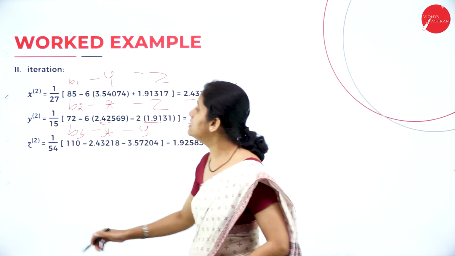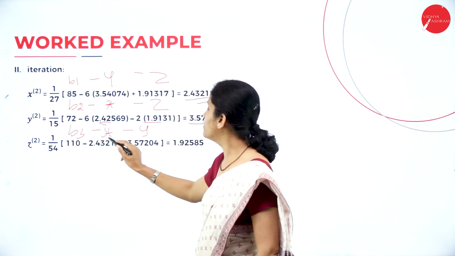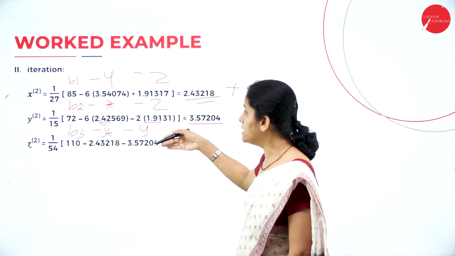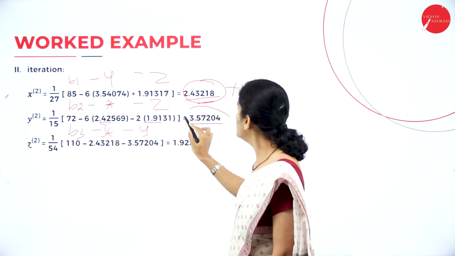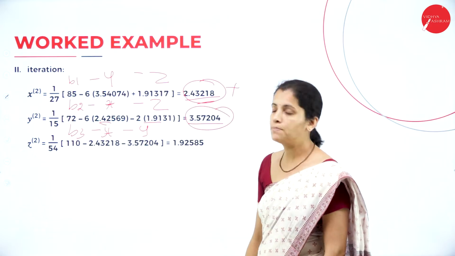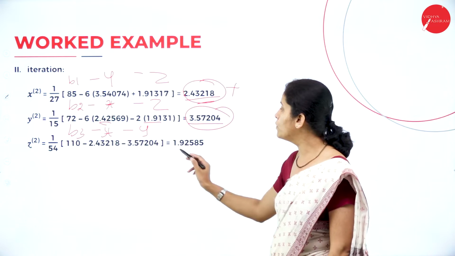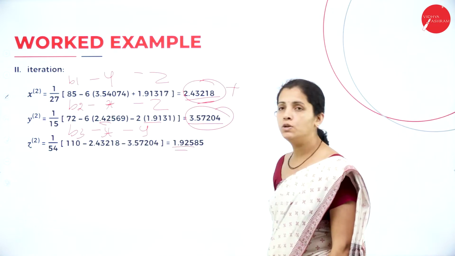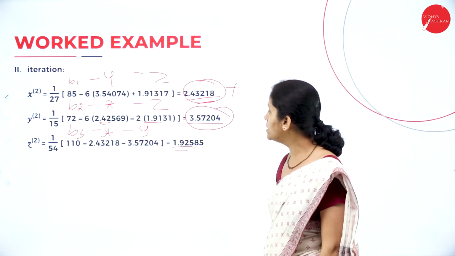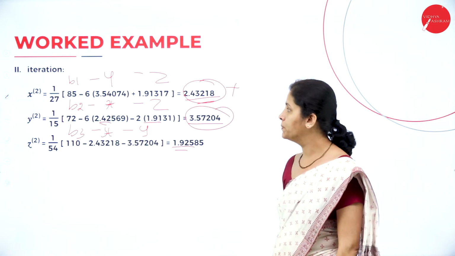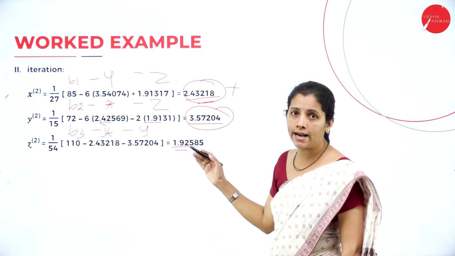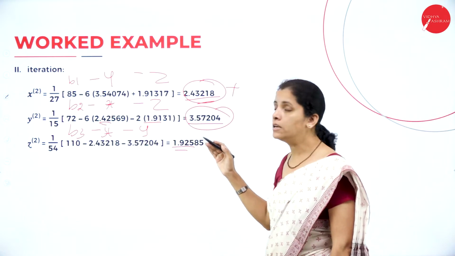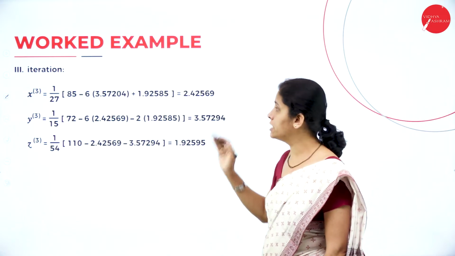And if I consider z, I'm going to consider the present iteration's x value and y value. And when I substitute x and y, I'm going to get the z value, that is 1.92585. Okay, these are my new x, y and z values, and these are the input to the next iteration.